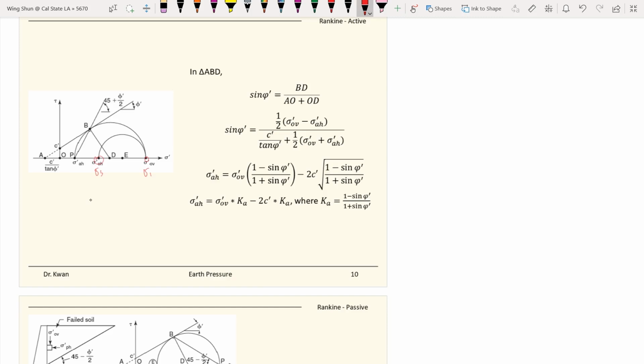And in active conditions, your K value is even smaller than the K naught. So you would expect that the Ka conditions are closer to 0. And when you draw the Mohr circles, these represent the active state. And in that case, you will be closer and closer to the failure line, because this is the Mohr Coulomb failure envelope.